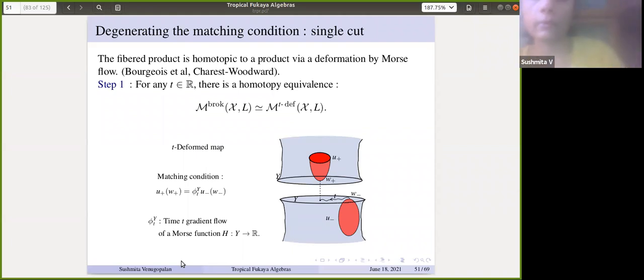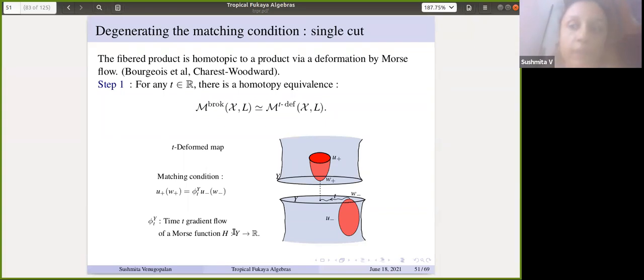The idea is as follows. Let's define a space of T-deformed broken maps, wherein the matching condition is replaced by a T-deformed matching condition. Which means that instead of requiring both those evaluation maps to be the same point, we require that one of them is shifted by the time T flow of the gradient flow of a Morse function.